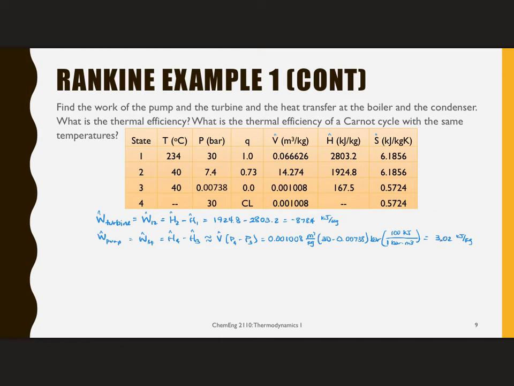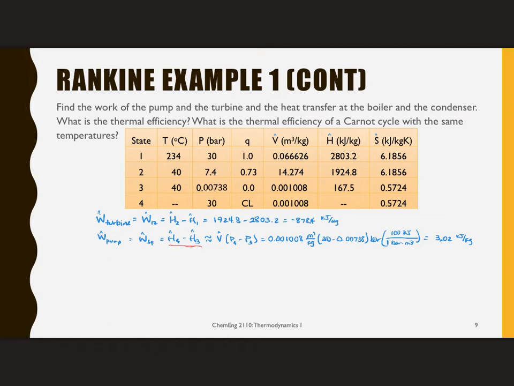3 compared to almost 900 kilojoules per kilogram for the turbine. So therefore, the pump's not going to consume a lot of my power, which was part of our goal by condensing this to a liquid. So I have 3 kilojoules per kilogram, but that now will allow me to come back into this equation and set this equal to 3.02.